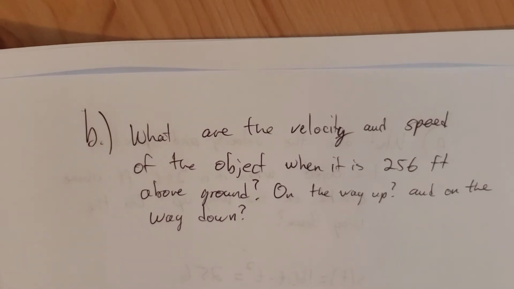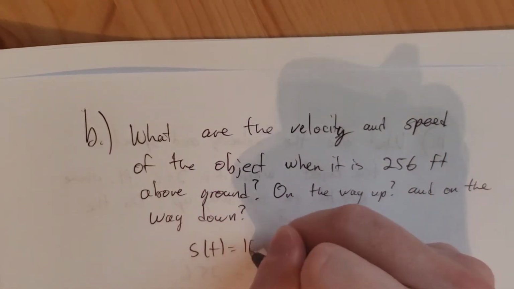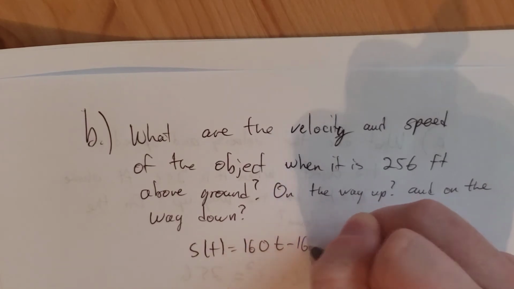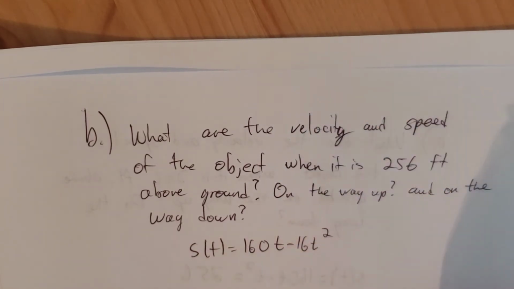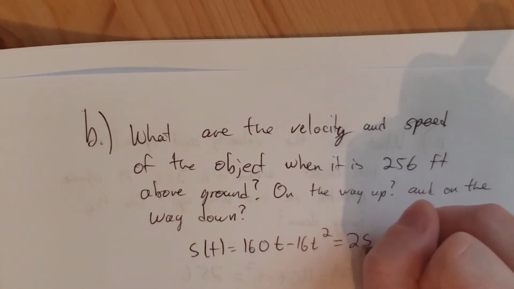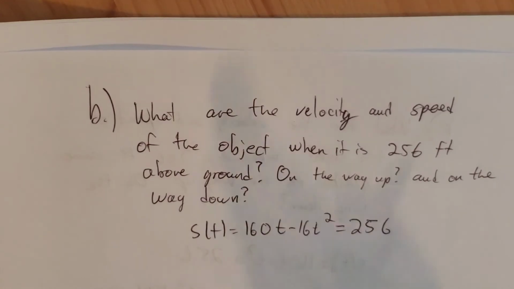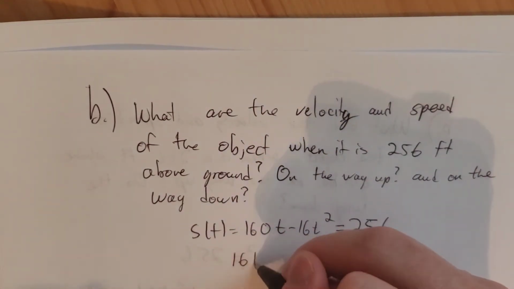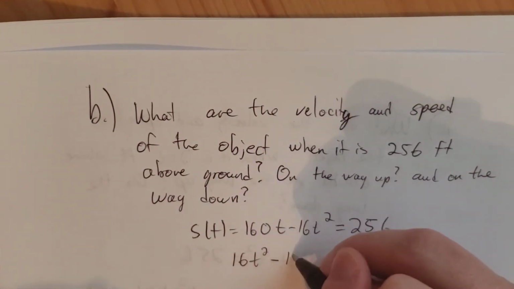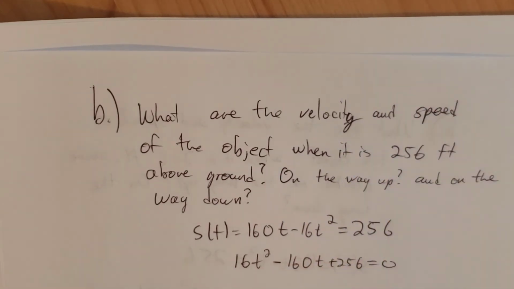So what do we have to do? We have to find out when the object is 256 feet above ground. Well, s of t was equal to 160t minus 16t squared, and we need to set that equal to 256. Or in other words, 16t squared minus 160t plus 256 is equal to 0.